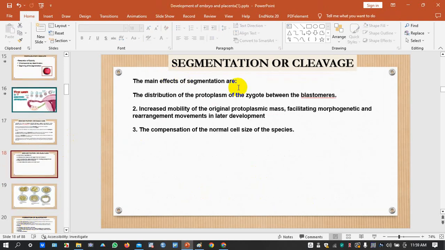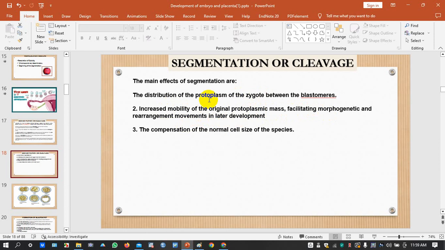The main effects of segmentation, or the division, are the distribution of the protoplasm of the zygote between the blastomeres. So when the blastomeres divide, there is distribution of the cytoplasm, the same as the cytoplasm of the zygote. Increased mobility of the original protoplasmic mass facilitates morphogenetic and rearrangement movements in later development.